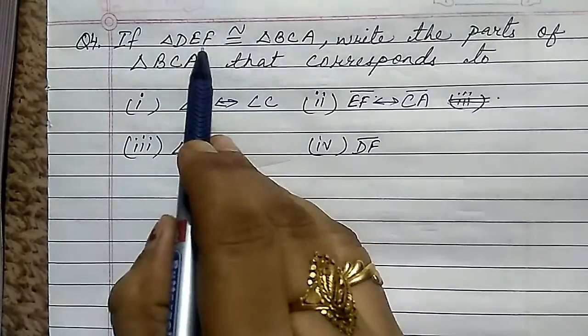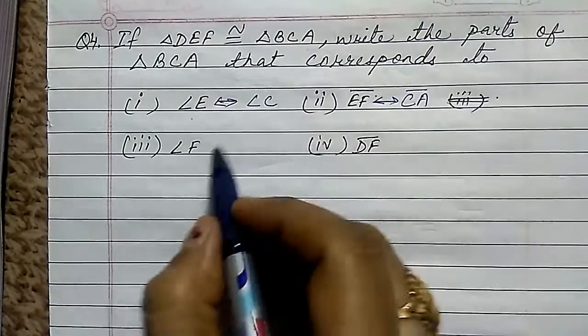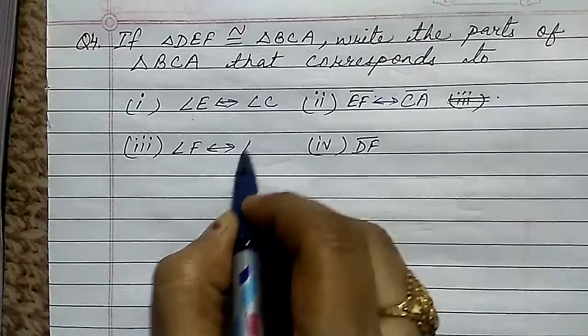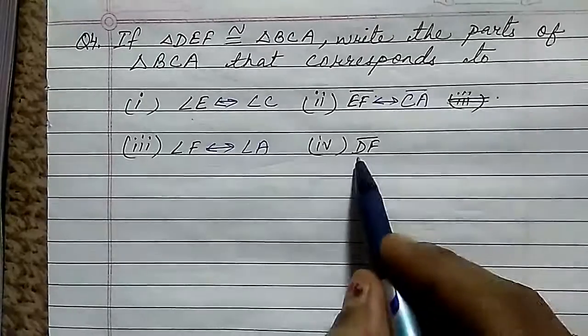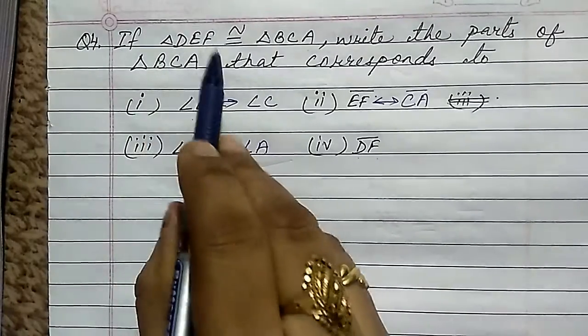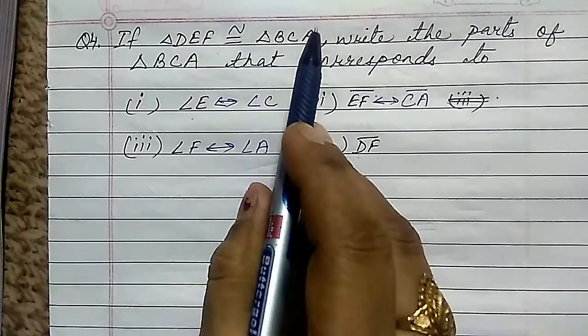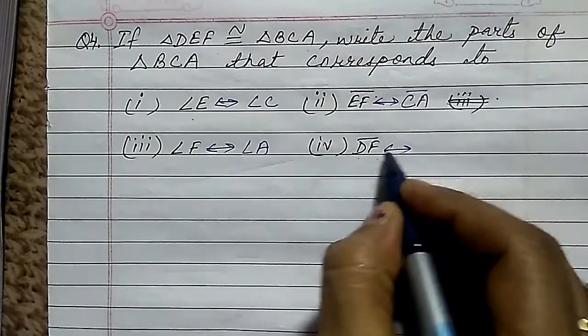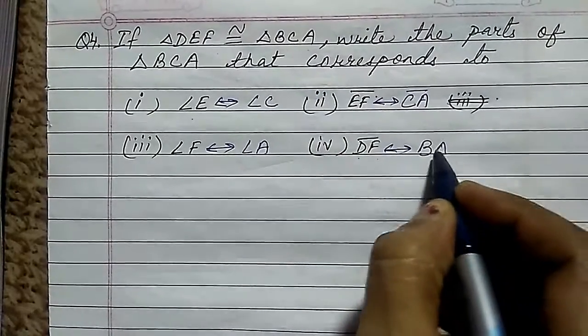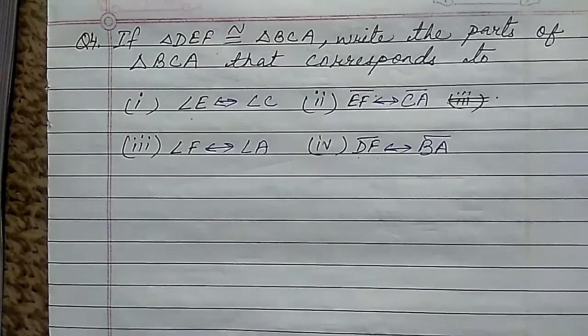Angle F corresponds to A. DF corresponds to BA, so line segment BA. And here we have completed exercise 7.1.